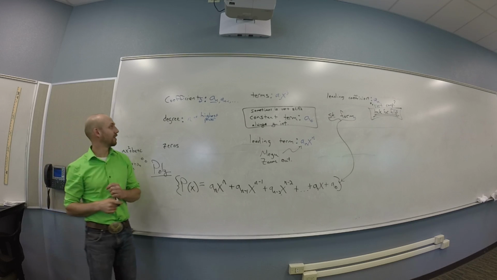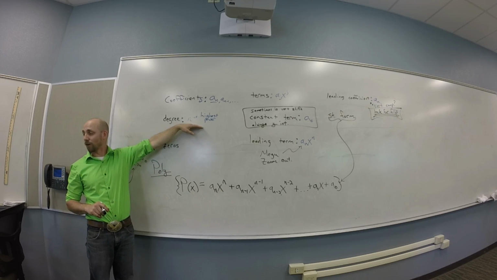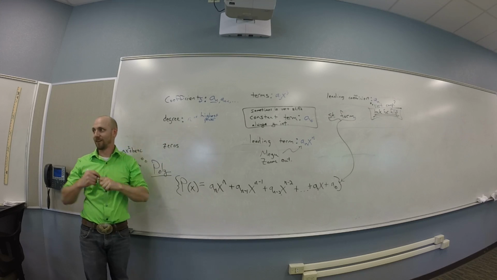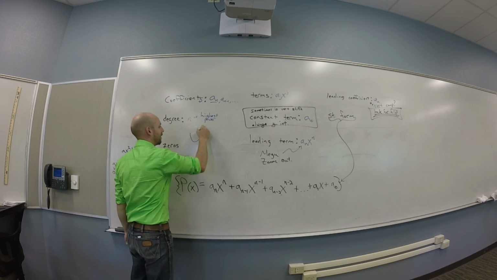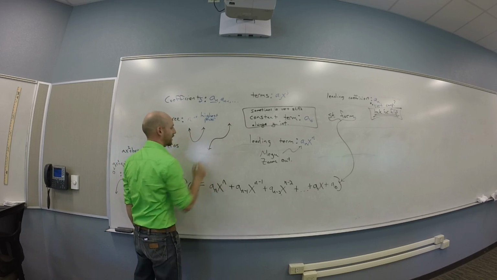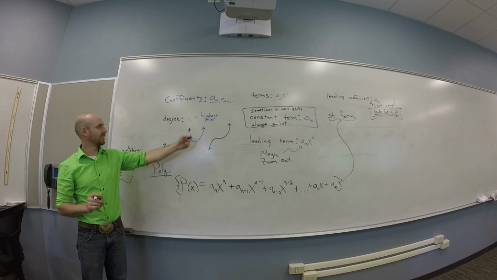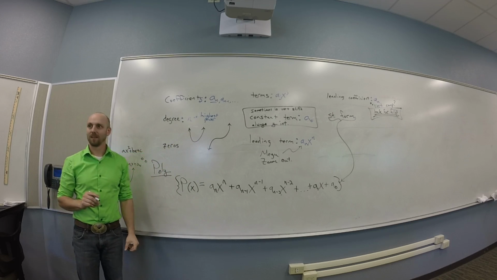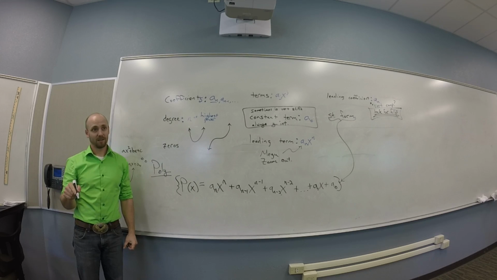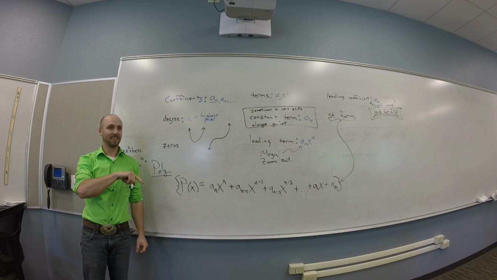The reason it doesn't matter is that the degree is going to tell you something about long run behavior. The degree is going to tell you whether it looks roughly like this or roughly like this. You guys see that? Which one does this go with? x squared, and also with 4 and 6 and 8.